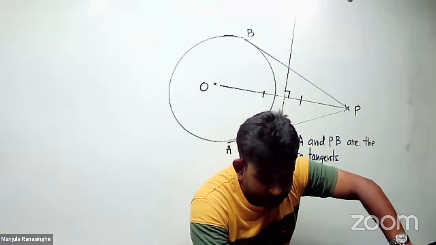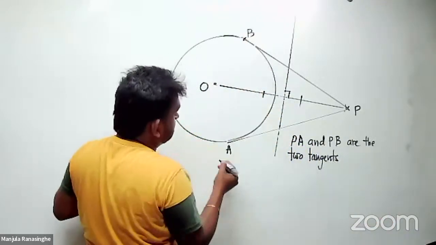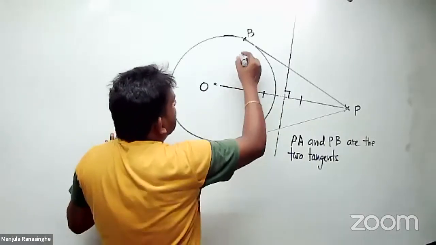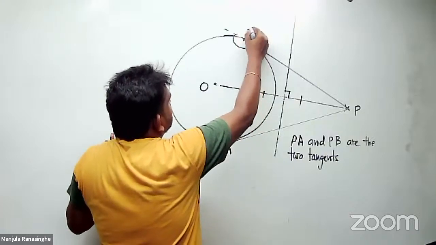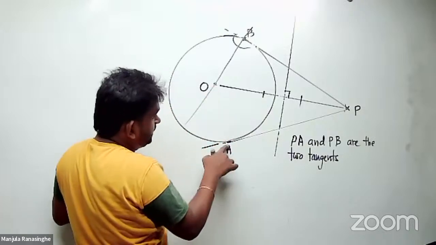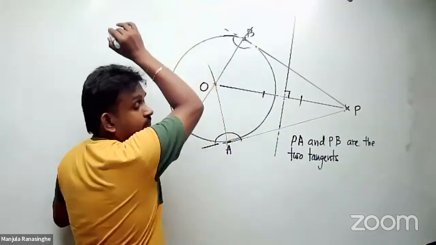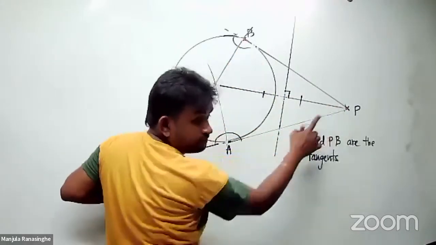Shouldn't the tangent point touch the circle? Yes, it shall touch. So here the B is touching the circle and here the A is touching the circle. Further, if you create a perpendicular at that point, and you have drawn correctly, then it shall pass through O. These are the touching points, and this is the external point.